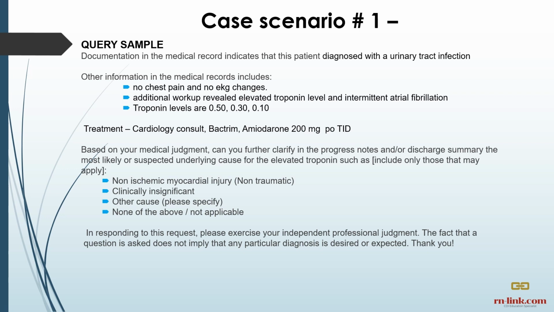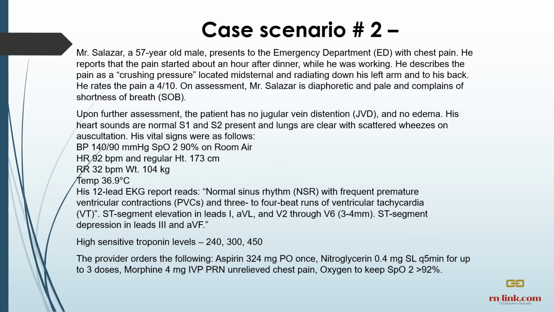Thank you. Mr. Salazar, a 57-year-old male, presents to the emergency department with chest pain. He reports that the pain started about an hour after dinner while he was working. He describes the pain as a crushing pressure located mid-sternal and radiating down his left arm and to his back. He rates the pain a 4 out of 10.